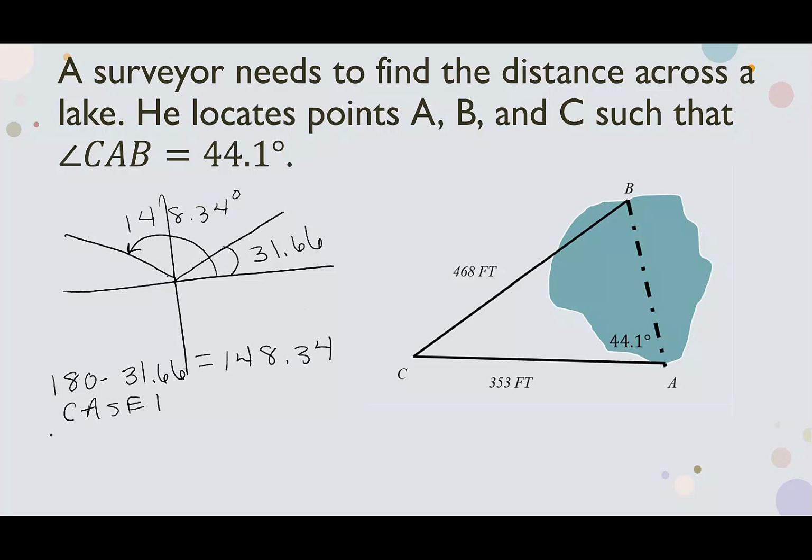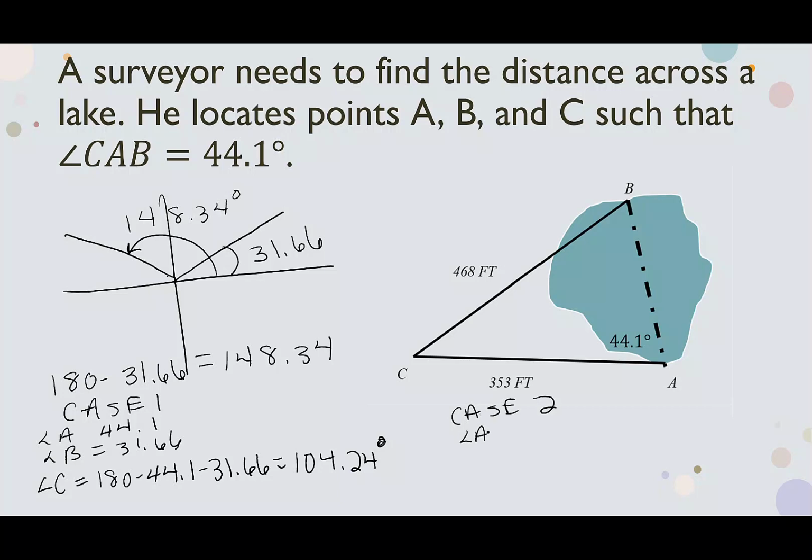So in case 1, I have angle A is 44.1, angle B is 31.66, which says angle C is 180 minus 44.1 minus 31.66, which gives me 104.24 degrees.